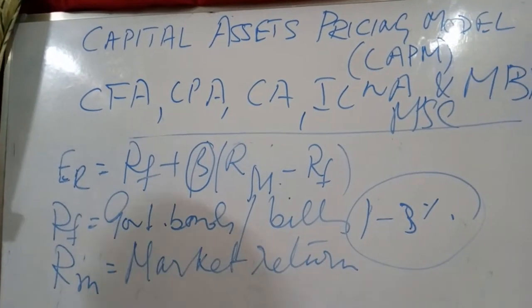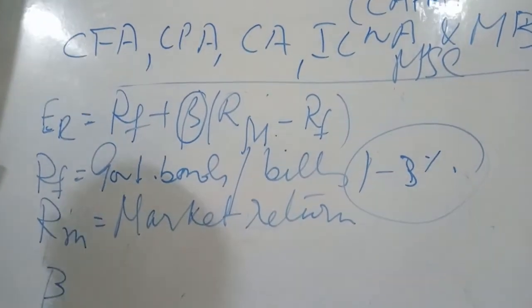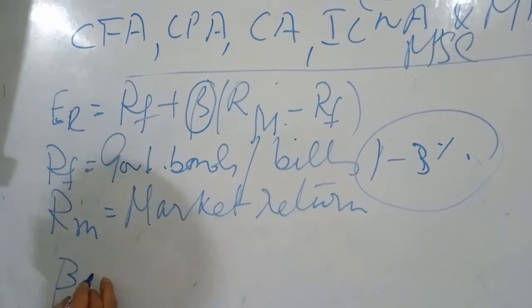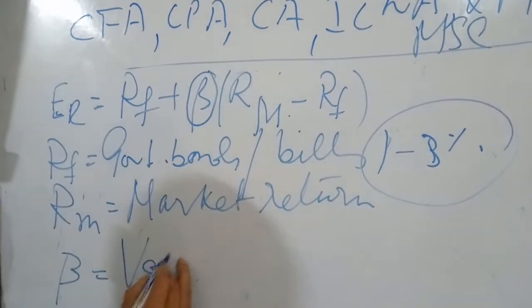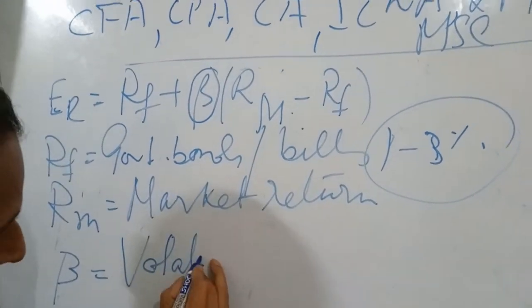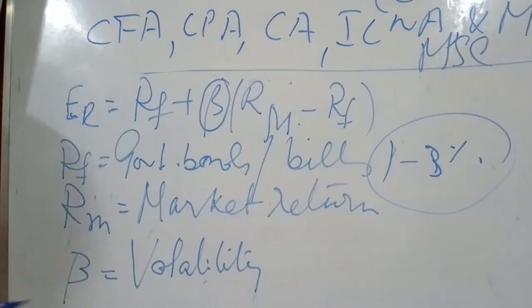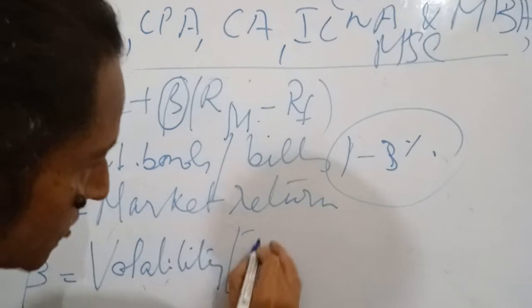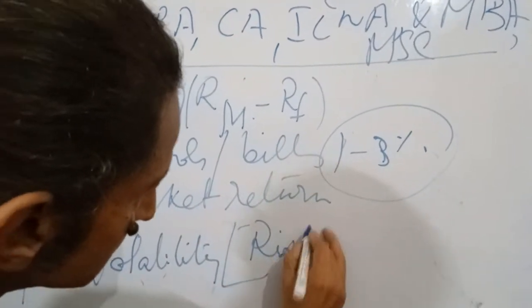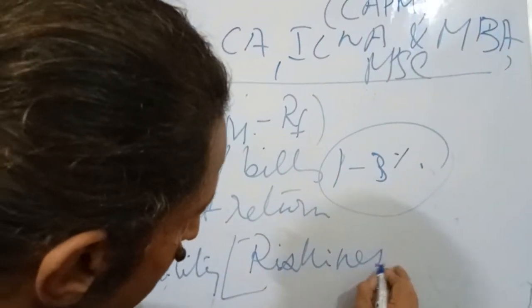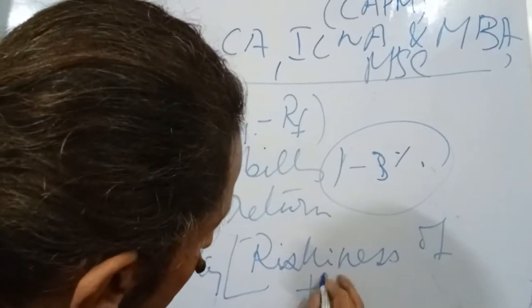Okay. Now beta, this is very important. Beta measures the volatility of the stock. It measures the volatility, that is the riskiness of the stock.